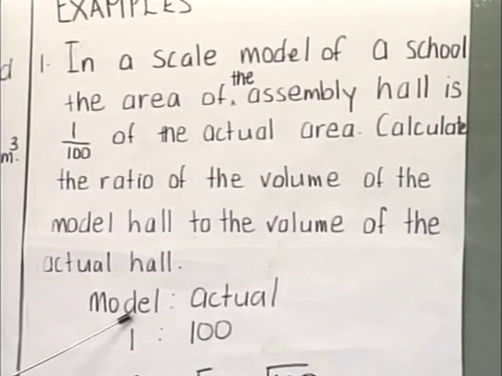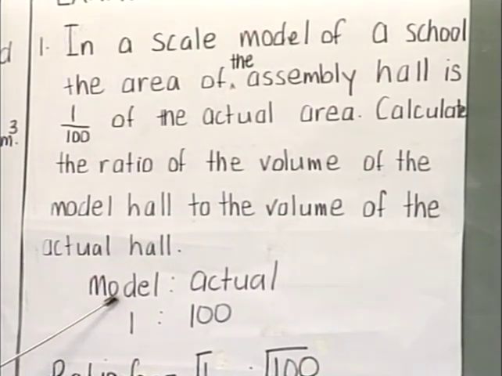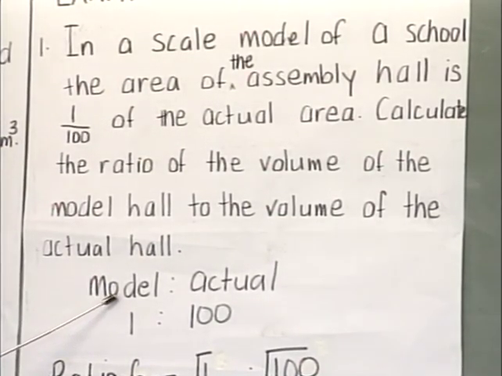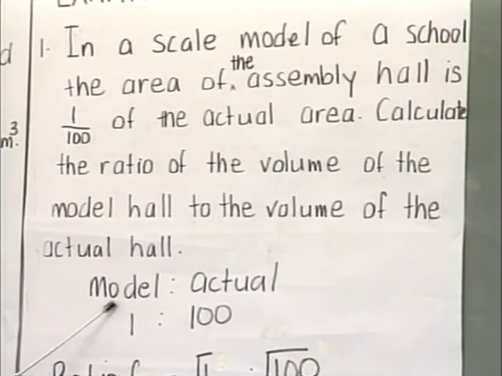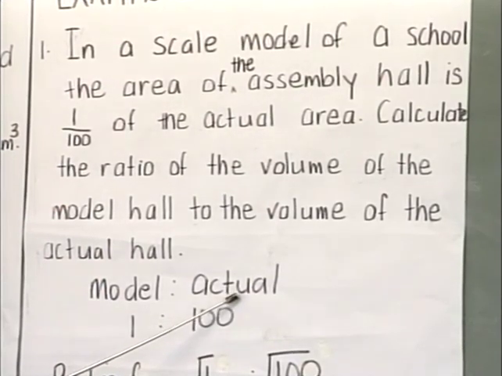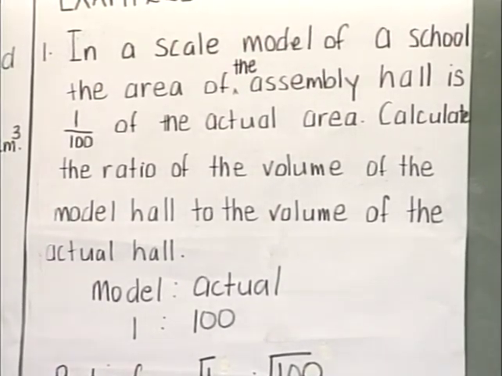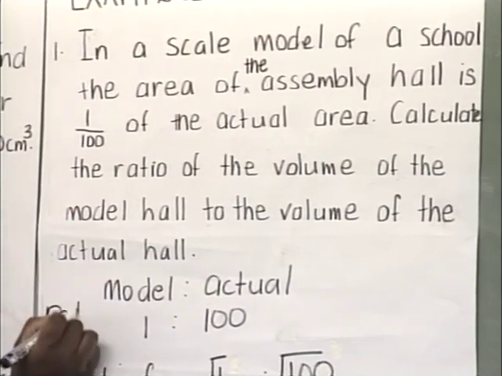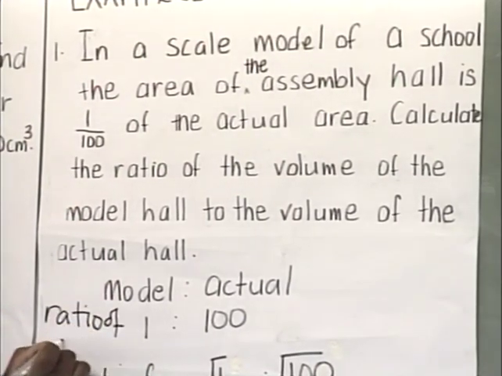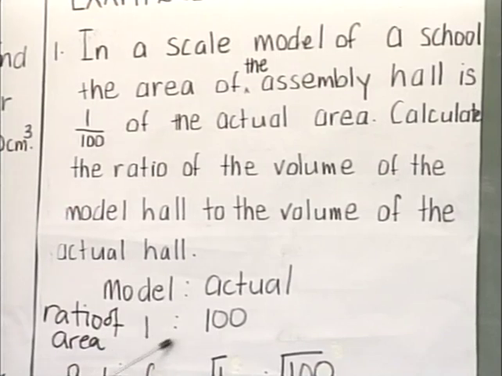Okay, that means the ratio of the areas, the area of the model to the actual area of the assembly hall, is 1:100. Okay, the ratio of the area would be 1:100.